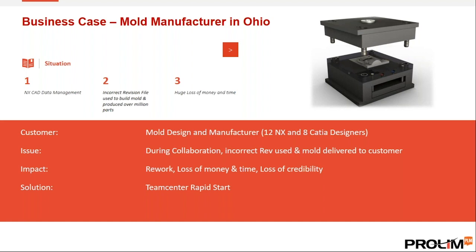They were managing all their data on shared drives and local disks, and they communicated with colleagues by talking over the phone or chatting in the hallway, in meetings. During this collaboration, one time they manufactured using the wrong revision of the file and built this mold and delivered it to the customer.